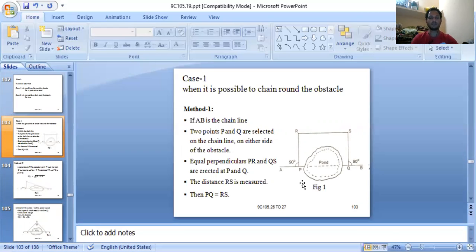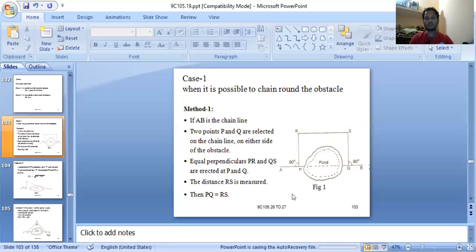Let us discuss the first case, when it is possible to chain around the obstacle. In figure 1, we can observe that there is a pond where we can measure around the obstacle. Suppose, let us say AB is the distance which we have to measure. We can measure like the following.